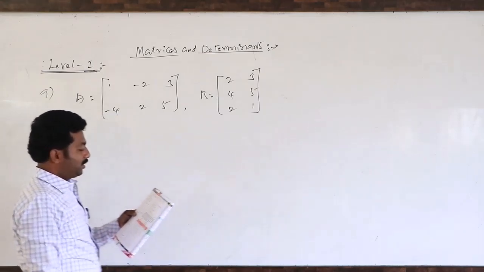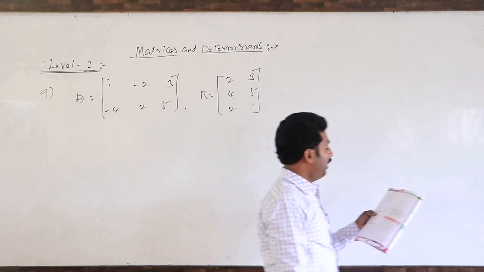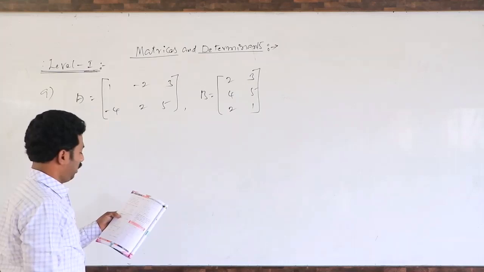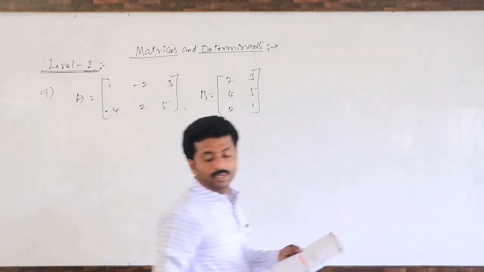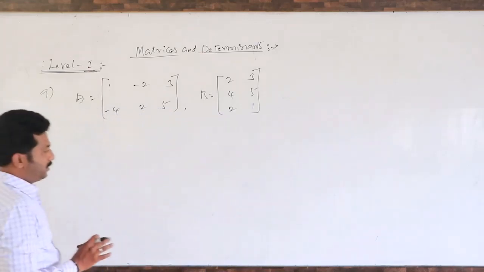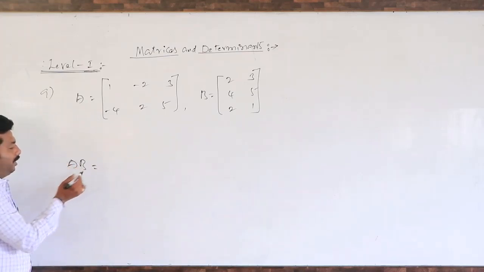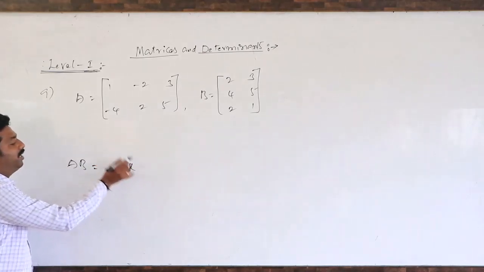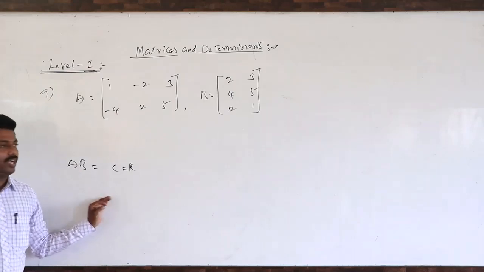Four options are given: AB, BA exist and are equal; AB, BA exist and are not equal; AB exists, BA does not exist; AB does not exist, BA exists. Exist means we can multiply the two matrices. To multiply two matrices, the number of columns in the first matrix and the number of rows in the second matrix must be equal.